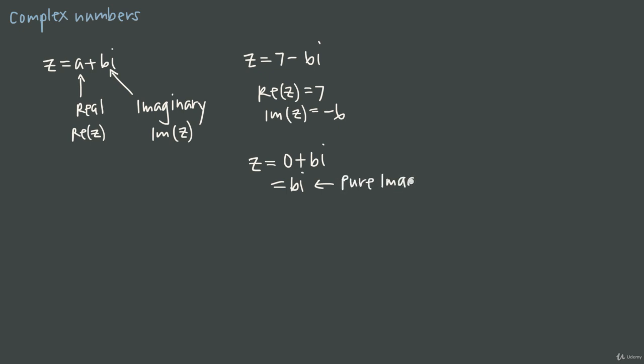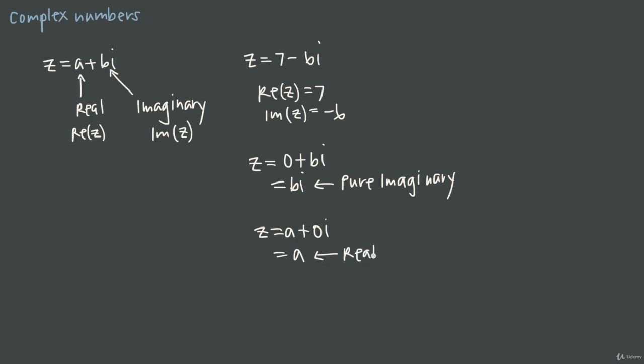But then when we have the opposite scenario where b is equal to 0, the imaginary part is 0, and we have this, z is equal to a plus 0i, of course that's going to simplify to just a, and a is a real number, so we just have z equals a, and then we just call this a real number.